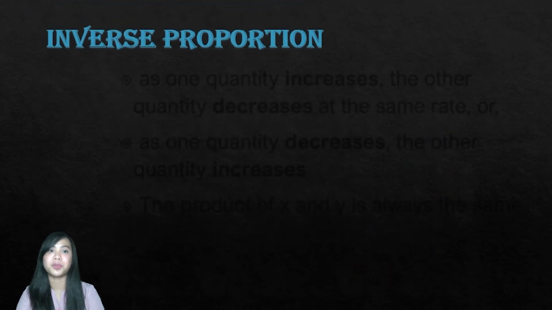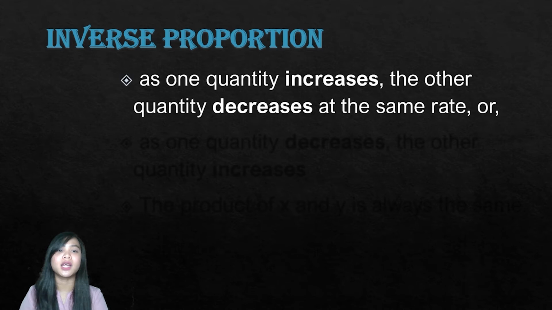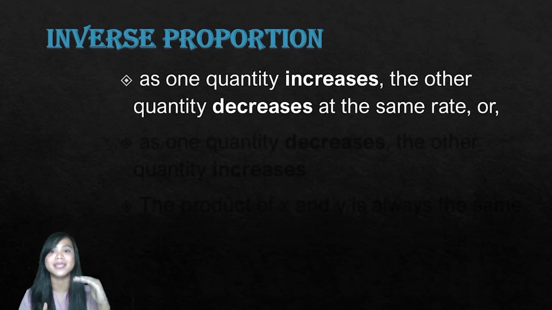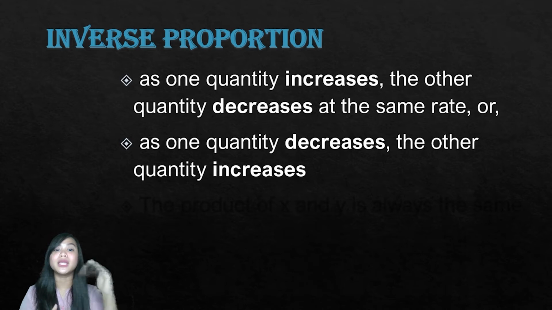Next kind of proportion, we have the inverse proportion. The inverse proportion is the opposite of the first kind that we have discussed, direct proportion. In here, as one quantity increases, the other quantity decreases. Or as one quantity decreases, the other quantity increases.